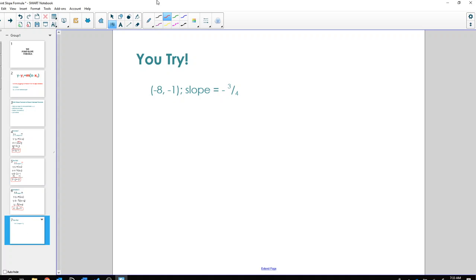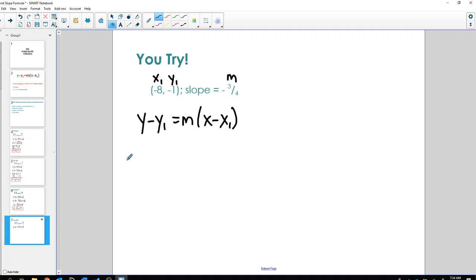Last one here, you have some negatives, so you can go ahead and pause the video, try this one, see what you get, and then we'll go through it. Now with this one, again, still the same ordered pair of x1, y1, and slope is m, so I have y minus y1 equals m times x minus x1.